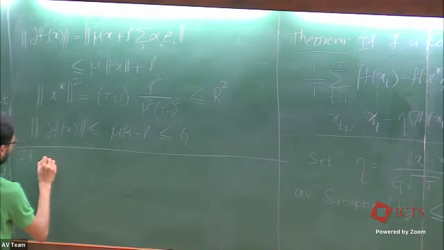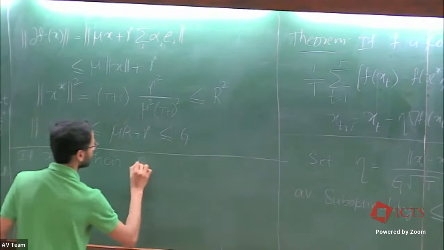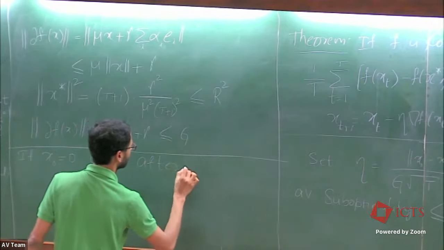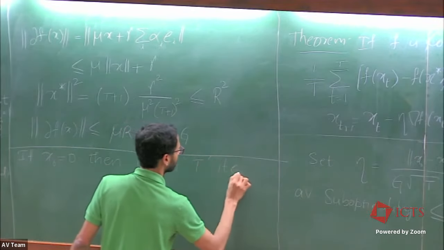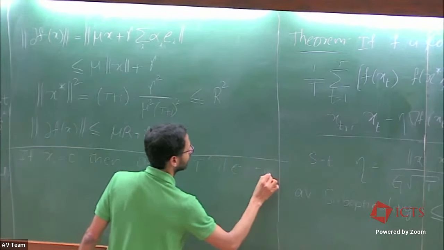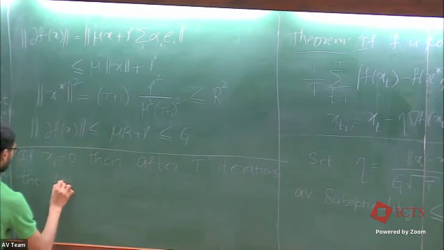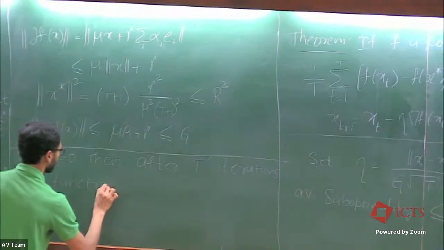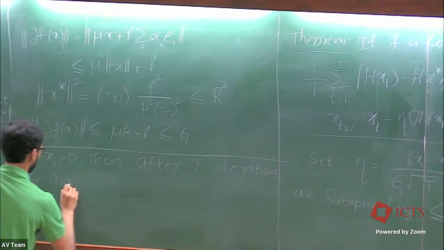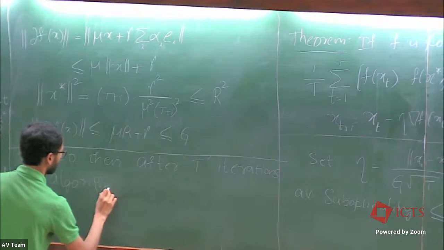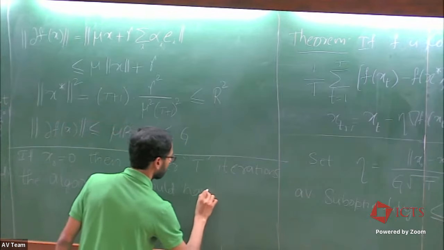So if x0 is 0, after t iterations, the algorithm would have discovered only the first t coordinates.